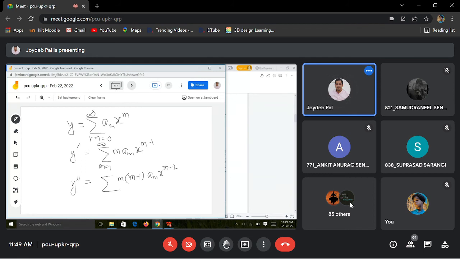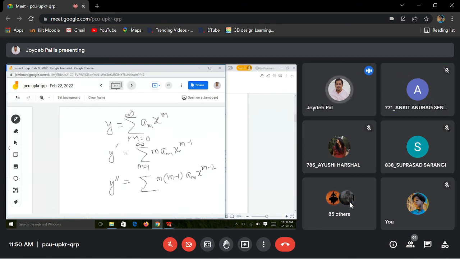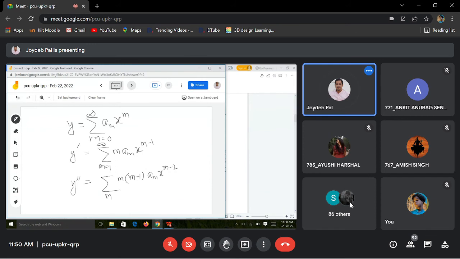Now what will the limit be? 2 to infinity, because in y dash the first term is a1 and the second term is 2 a2. Whenever you differentiate again, a1 becomes 0 and the series starts from a2 for y double dash. Therefore the limit will be 2 to infinity. For y triple dash, the limit will be 3 to infinity.